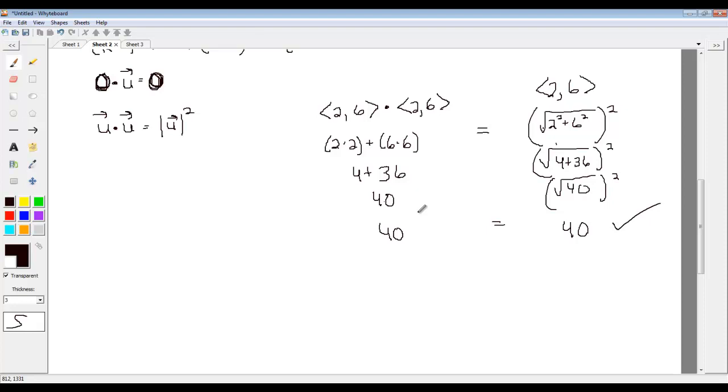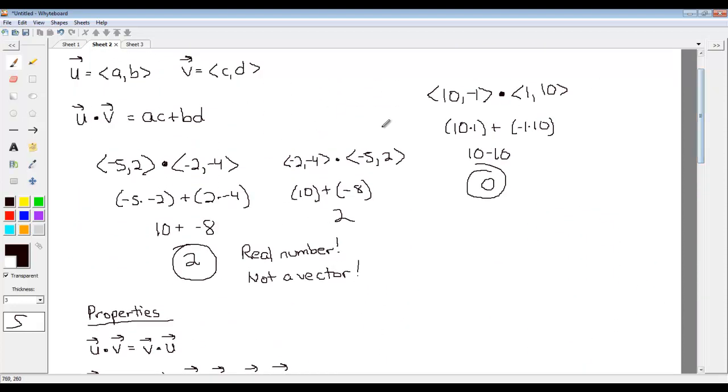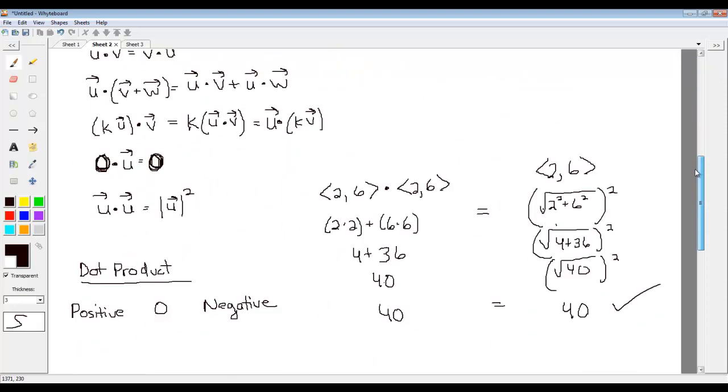You can play around with those. Now, some things to notice: the dot product can be positive, 0, or negative. It can be any one of those. Like we got a positive one here, positive 2. We got 0 there. But you can also get a negative one as well.